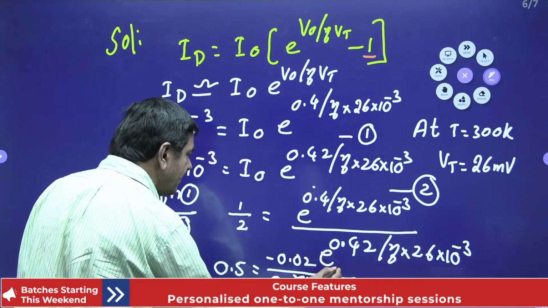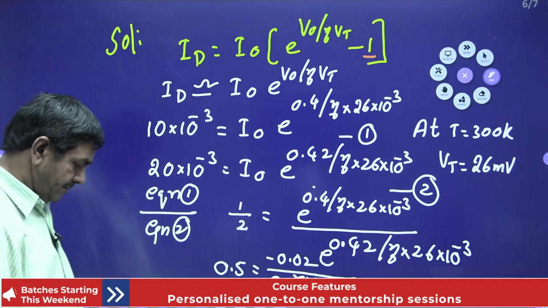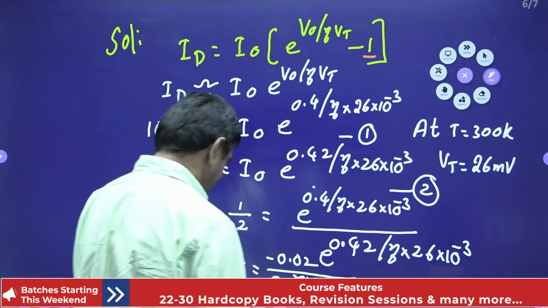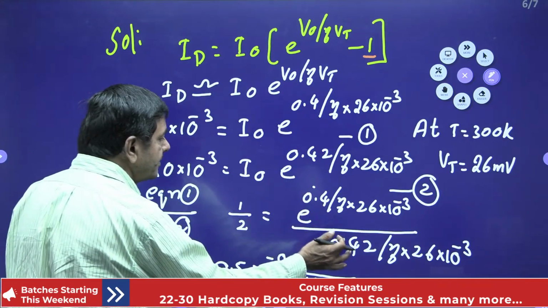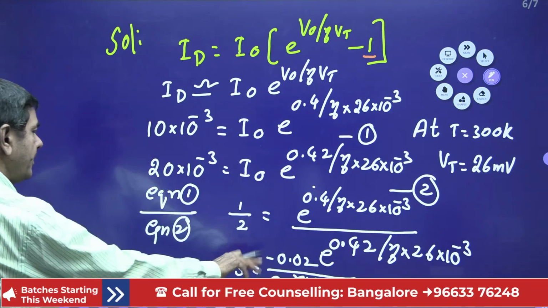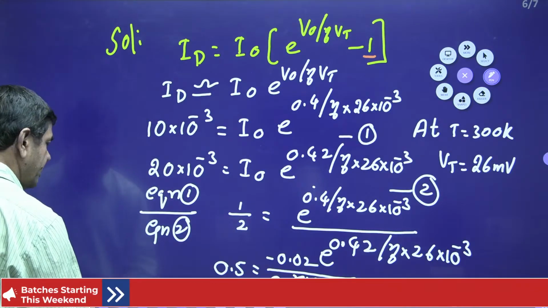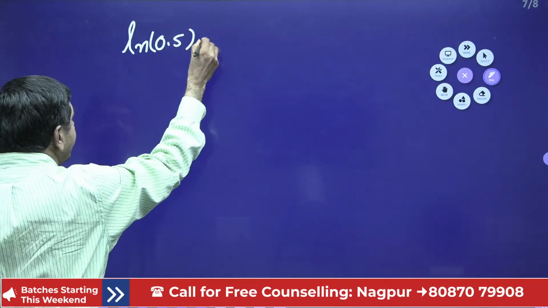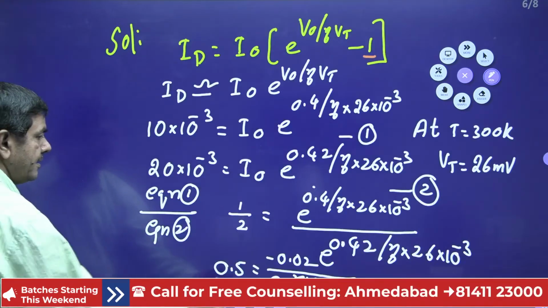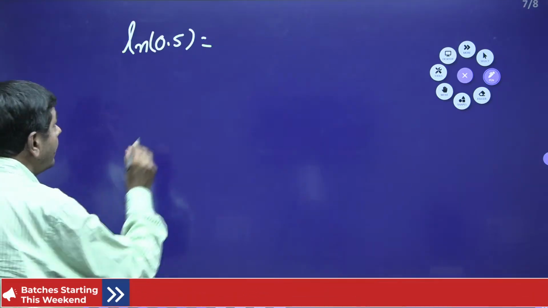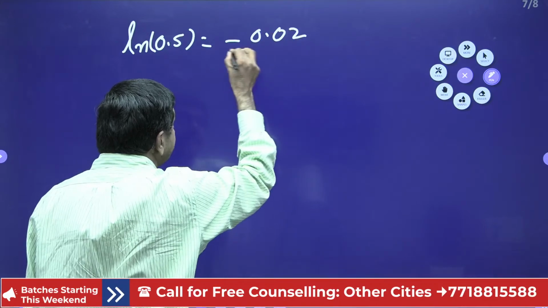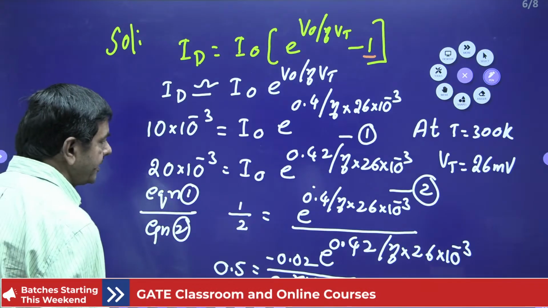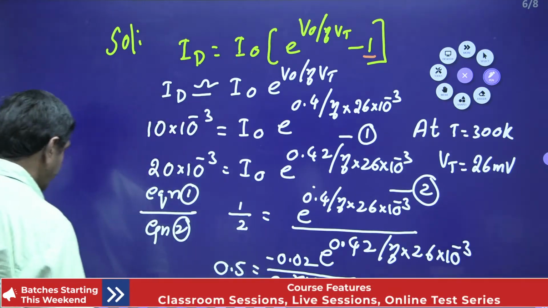Understand? We can take e to this side: ln of 0.5 equals minus 0.02 divided by eta into 26 into 10 power minus 3.